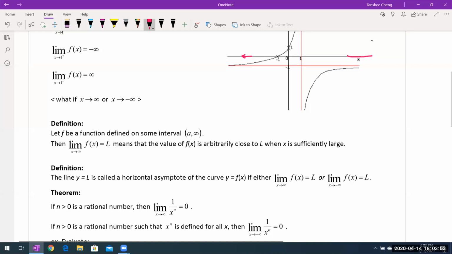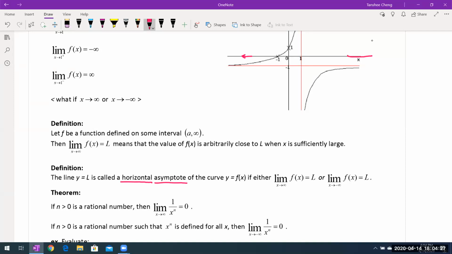So what we're going to connect is this idea of the limit as x approaches infinity of the function equal to L to something that we already know from the past. If the limit as x approaches infinity of the function has a limit, or if x approaches negative infinity of the function has a limit, then we call those limits horizontal asymptotes.